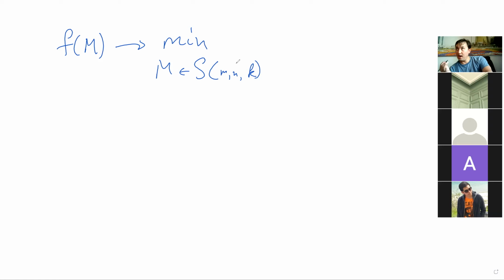Then, how is it natural to solve this problem? Here we have an uncomfortable search space. How do we handle the set of matrices whose rank is not greater than k?